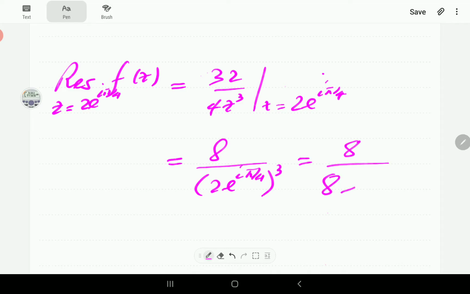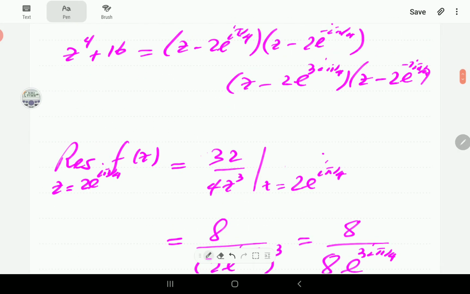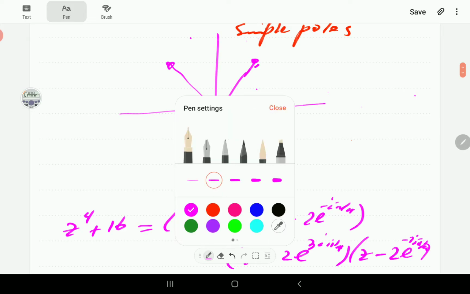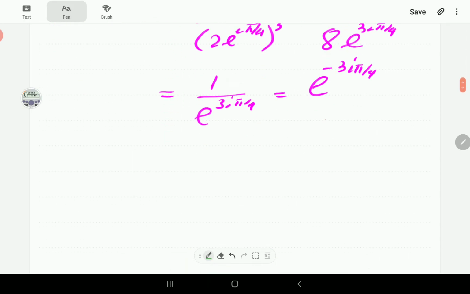So that's going to be 8 over 8, and this is going to be e to the 3i pi on 4. So that's just going to be 1 over e to the 3i pi on 4, which is the same as e to the minus 3i pi on 4. Well, minus 3i pi on 4 is just this angle here, so this one is going to be in the third quadrant.